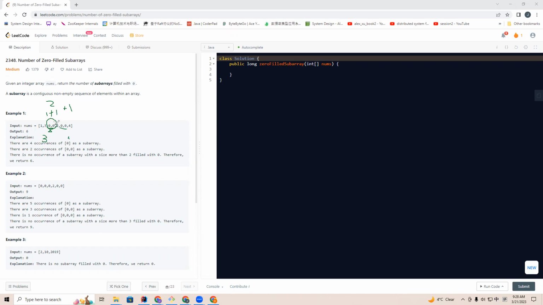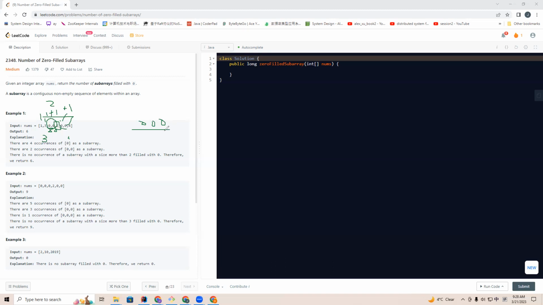We'll see that if there is a non-zero number in between, we cannot have any contributions across this range. So the number of zero subarrays only depends on the consecutive zeros. For example, we have 3 zeros, right?